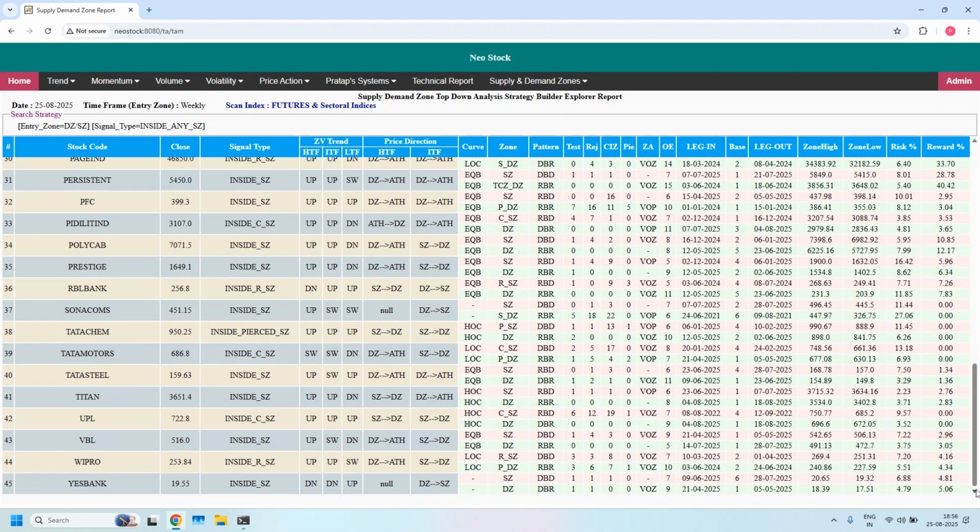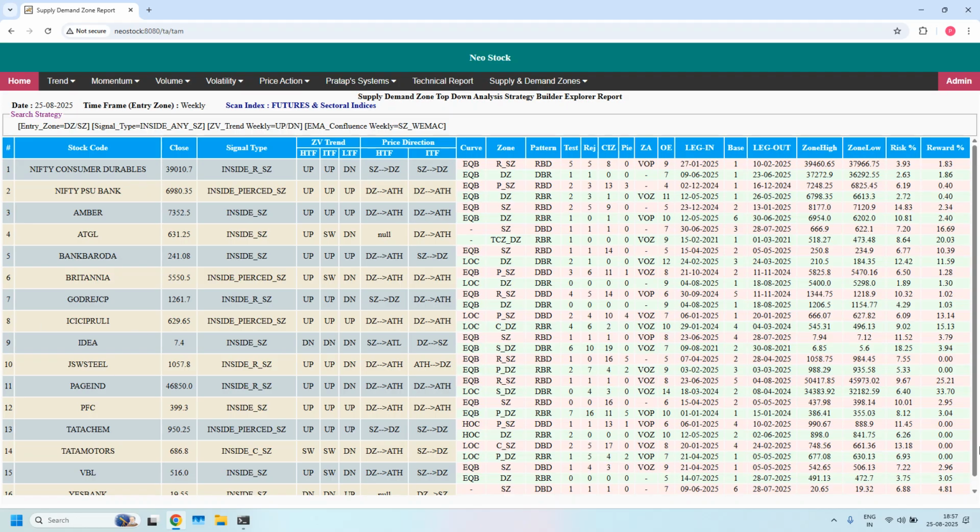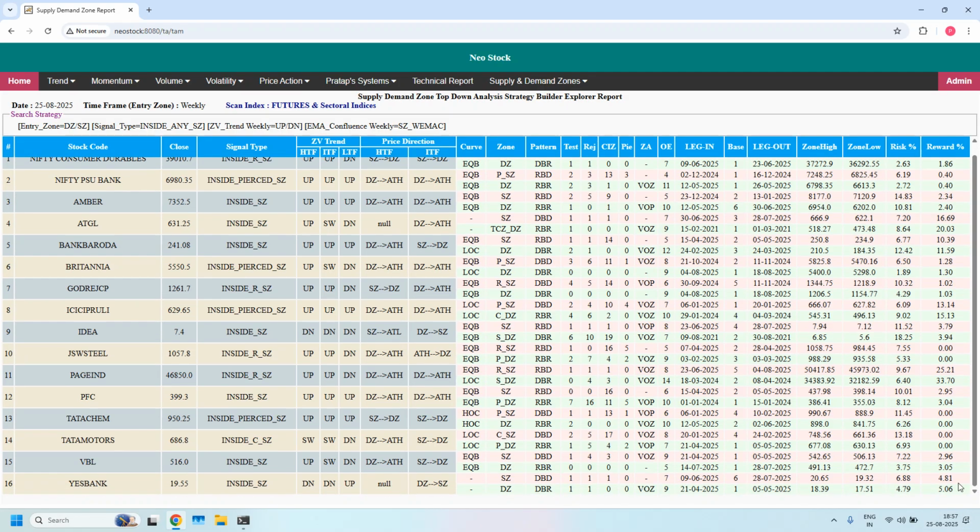We can further filter this list based on weekly supply zone having weekly EMA confluence. And also trend on the weekly should not be sideways. Now the list is reduced to 16 stocks. First 15 stocks in the list. Scrolling the list down. So total 16 stocks are filtered.